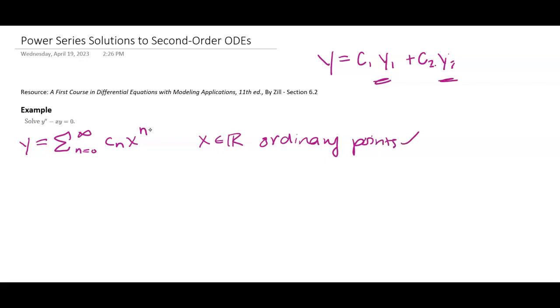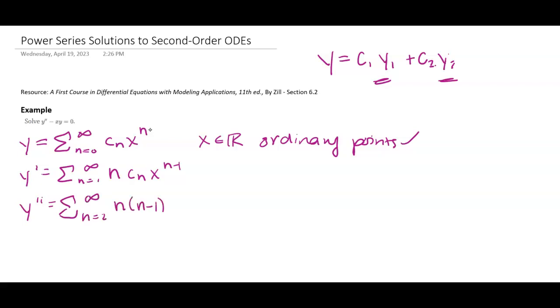Okay. All right, well, y prime is then going to actually start at 1. And y double prime starts at n equals 2. And we're going to have the same pattern as taking the first derivative.